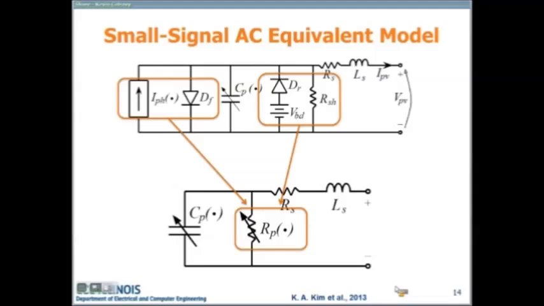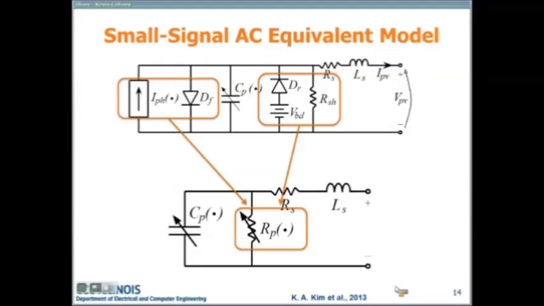The amount of photocurrent depends on the amount of light hitting it, and these parameters all depend on where it's operating, the voltage and the current. So we take that and put it into a parallel resistance. And this is variable, and it will depend on what operating point we're at. But the things that we want to look at next are the series resistance, inductance, and then the parallel capacitance.